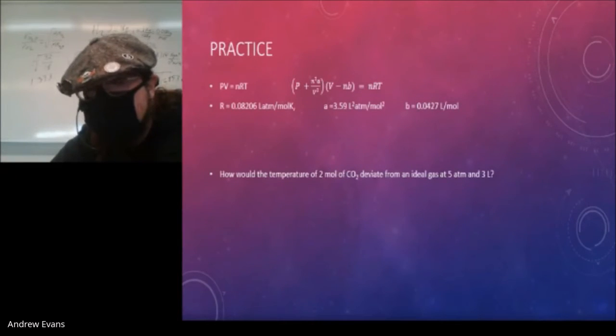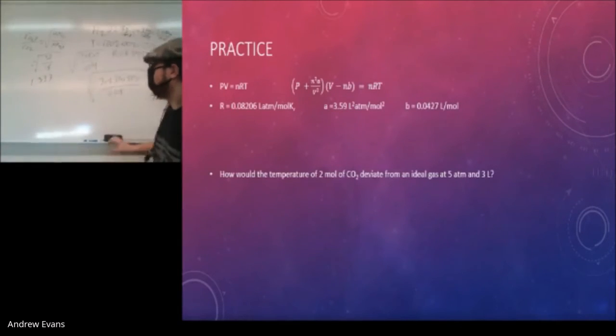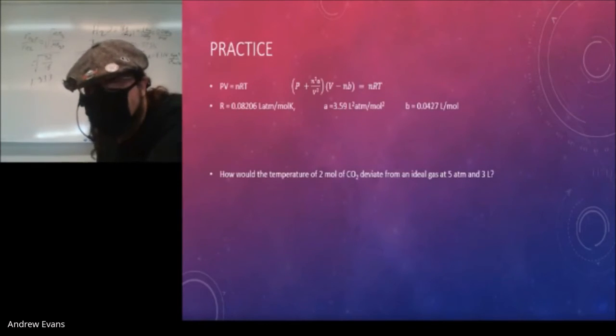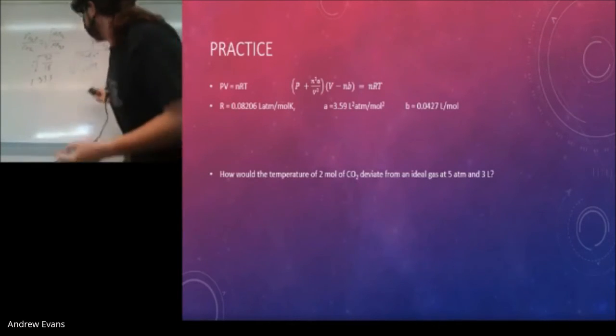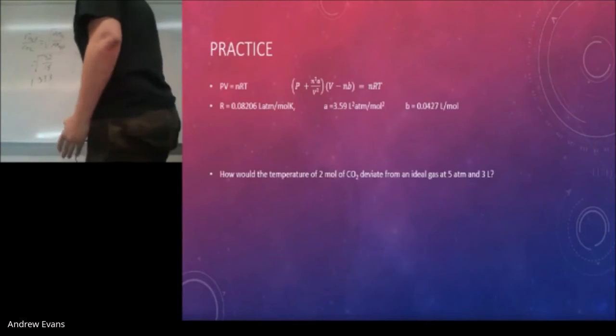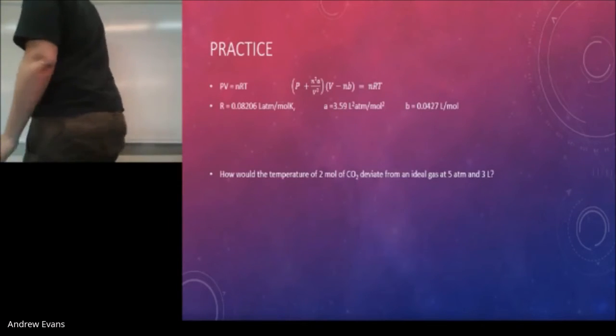How would the temperature of 2 moles of CO2 deviate from an ideal gas under 5 atmospheres and 3 liters? So the first thing we want to do is calculate how this gas would be under ideal conditions. What would the temperature of this be? Meaning, if I kept this under this pressure, the gas is going to have to be at this temperature.